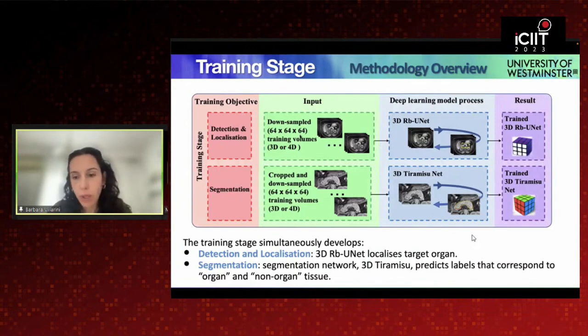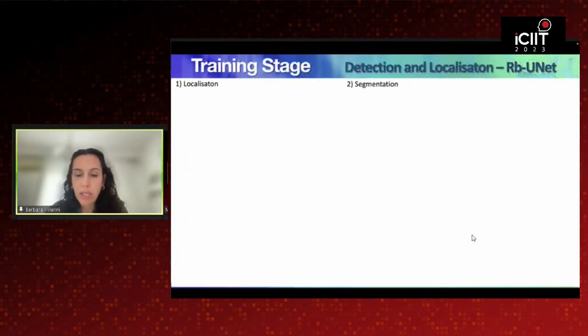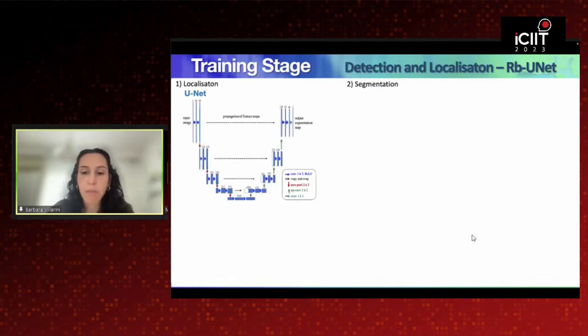So if we now look at the localization stage, so we are looking at this first part, we downsample our volume and we feed it to a deep network that we call 3D BRUNet. This architecture builds upon a popular network used as a baseline for many medical segmentation tasks, which is called a UNET.